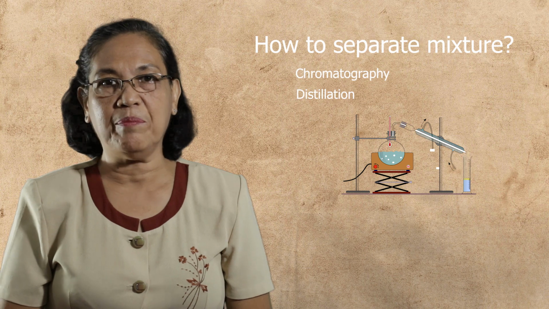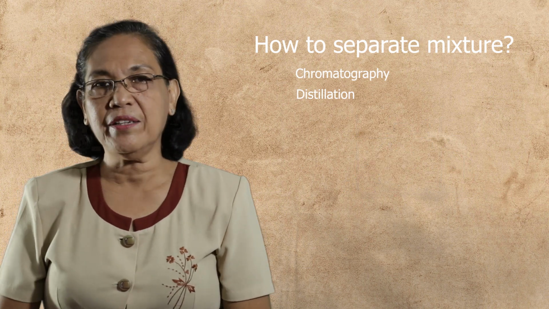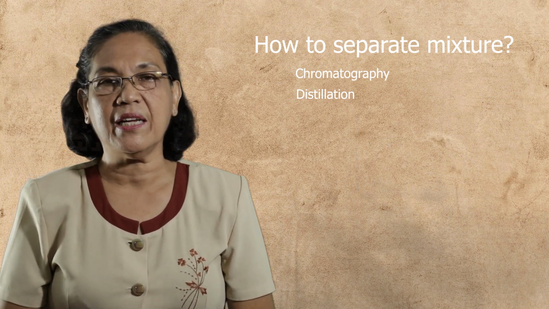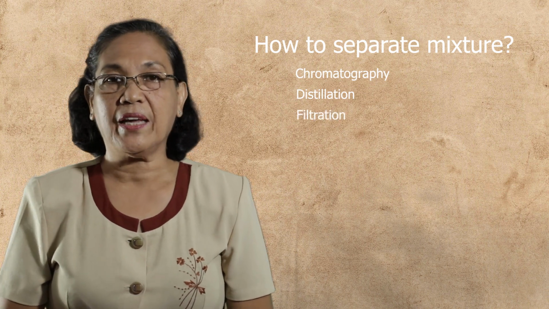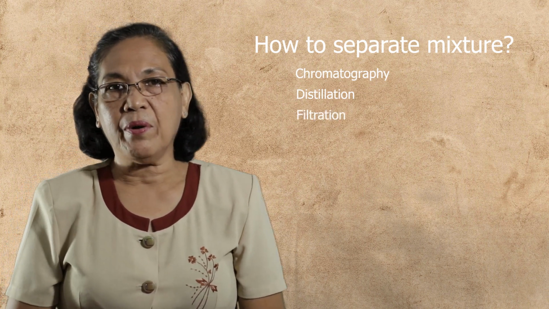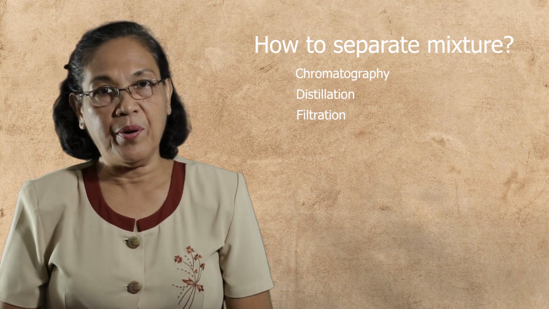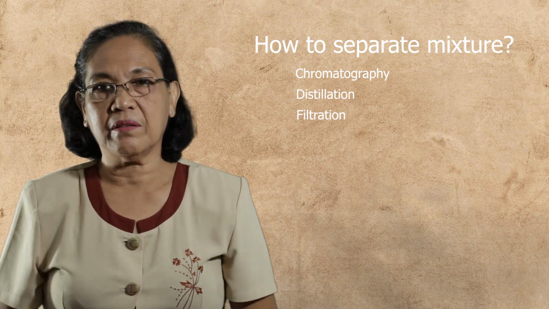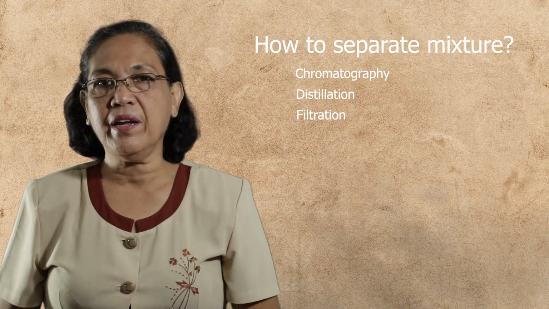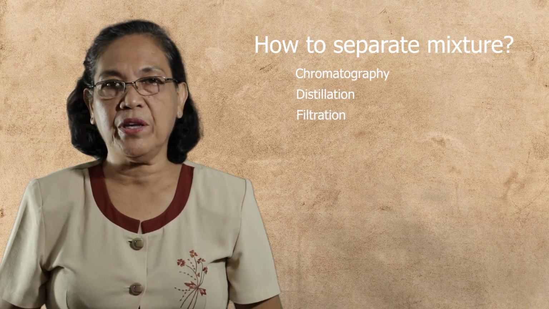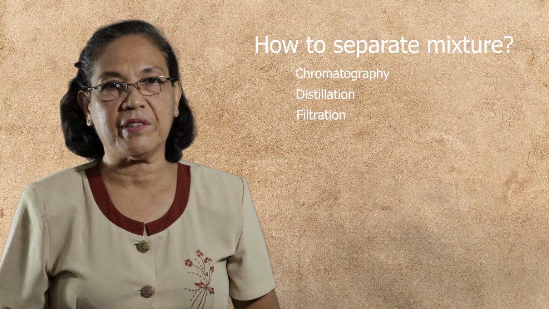Another method of separating a mixture is by filtration. In filtration, we're going to separate a solid from a liquid using a porous material. In the laboratory, the porous medium that we use is the filter paper.